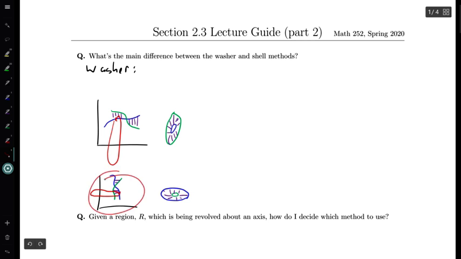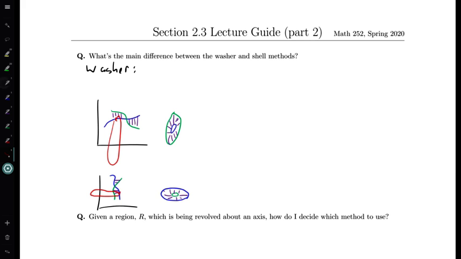Likewise, in the second case, we're integrating with respect to y because we're looking at these horizontal line segments as I move up and down. So we're integrating with respect to y, and we're also revolving about the y-axis here.